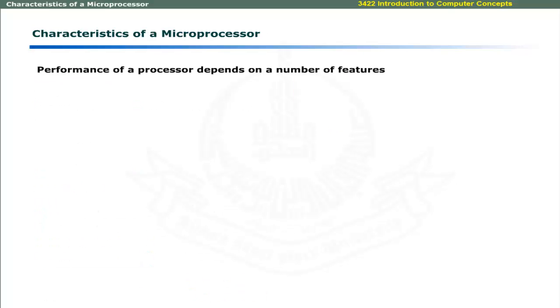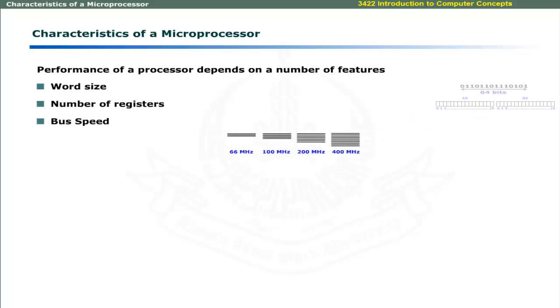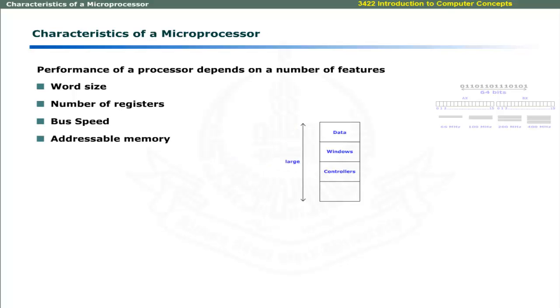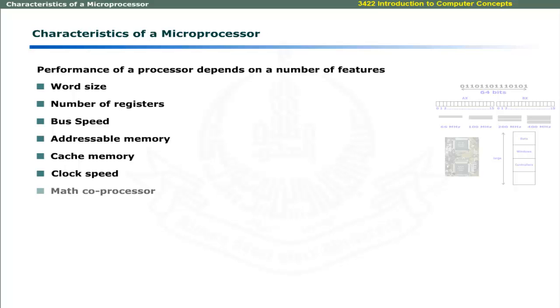Performance of a processor depends on a number of features which are word size, number of registers, bus speed, addressable memory, cache memory, clock speed, and math coprocessor. The first feature of microprocessor is word size. It is referred to the size of CPU register.